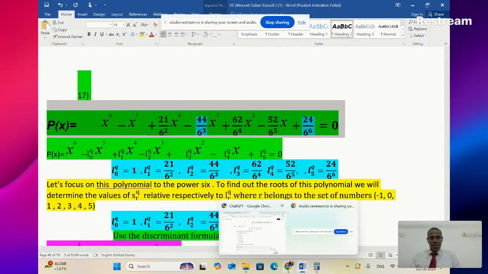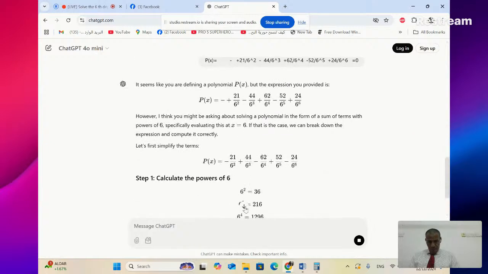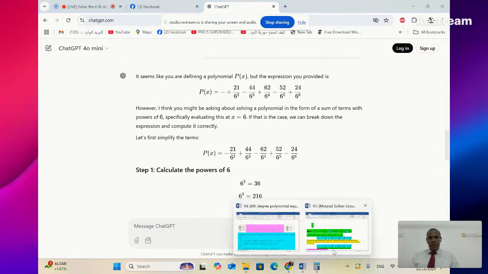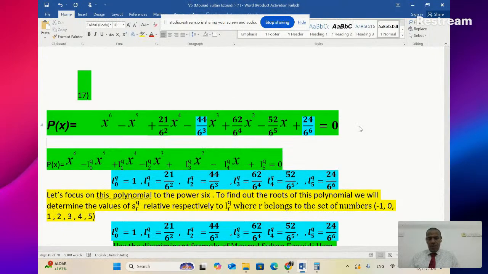Now this one, that's it, x2. Yes, that's equal. You see here. I will write now again. Look, this is p of x equal.